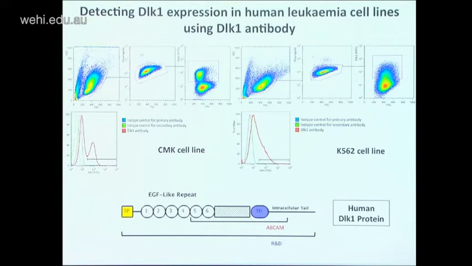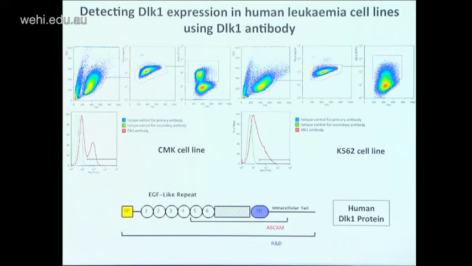Gating on these cells and then the live cells, you hardly get any dead cells with the leukemia cell lines. And the Dlk1 antibody quite nicely shows this population here for the CMK cell line. Compared to the isotype control for the primary antibody and the isotype control for the secondary antibody, the red line represented by the Dlk1 antibody shows quite a nice discrete population of Dlk1 positive cells.